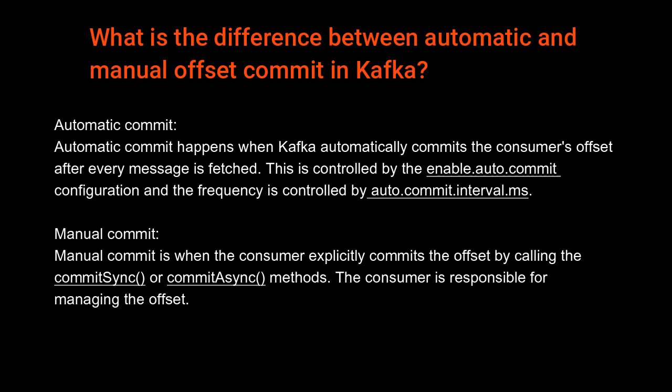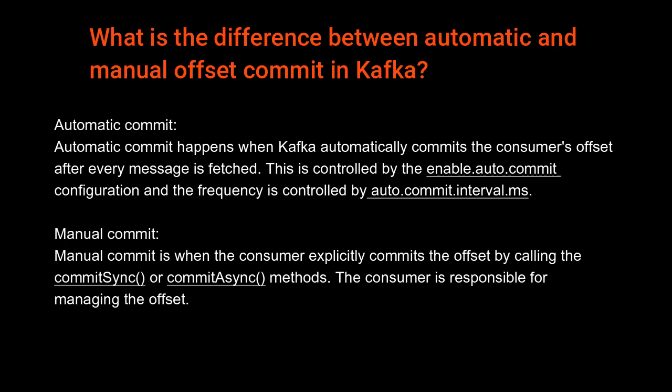This is controlled by enable.auto.commit, and the committing happens after a certain amount of time, controlled by auto.commit.interval.ms, where ms is millisecond. We can define that after every 10 or 20 milliseconds the offset commit should happen, automatically by Kafka. The developer doesn't have to take care of that.